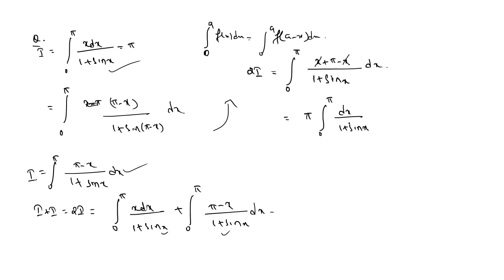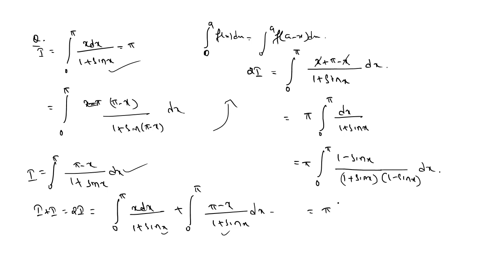Okay, so now here you write pi, 0 to pi. Let us multiply 1 minus sin x in the denominator and the numerator. So here 1 plus sin x, I write 1 plus sin x into 1 minus sin x, dx.